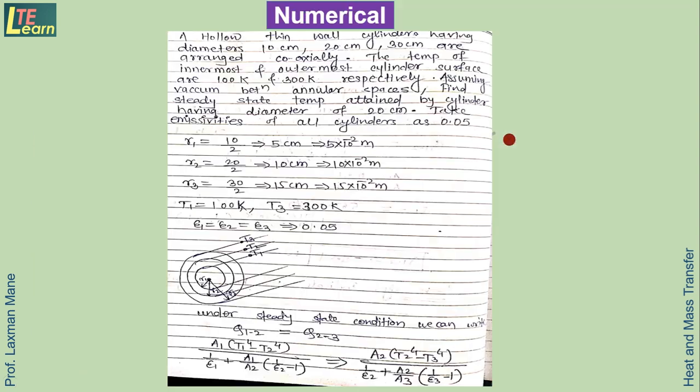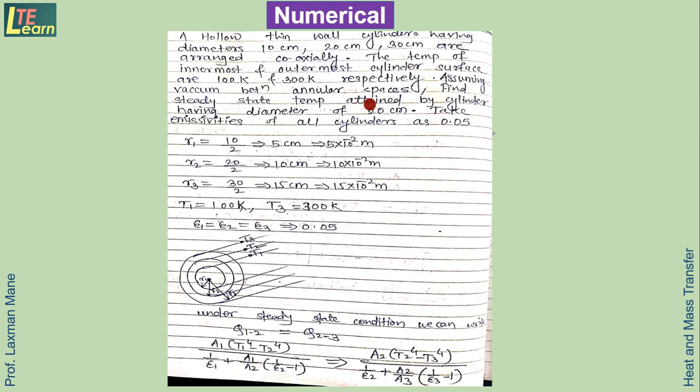Let us go to the numerical. Here the statement is: hollow thin wall cylinders having diameters 10 cm, 20 cm and 30 cm are arranged coaxially. The temperatures of the innermost and outermost cylinder surfaces are 100 Kelvin and 300 Kelvin respectively.